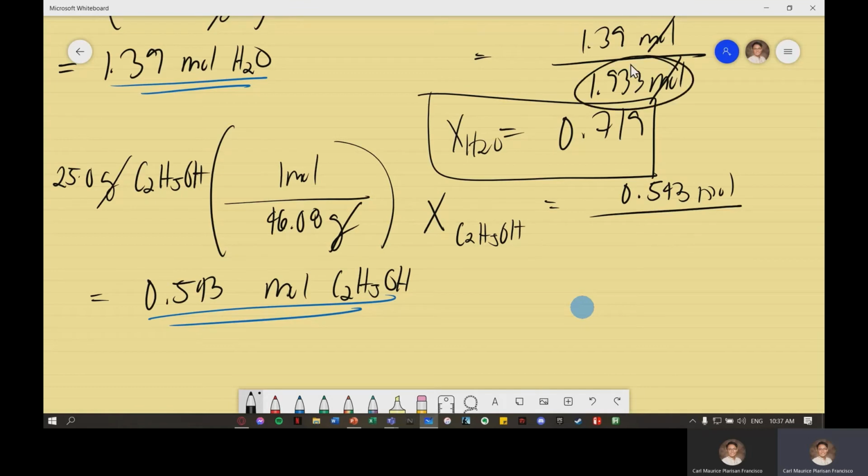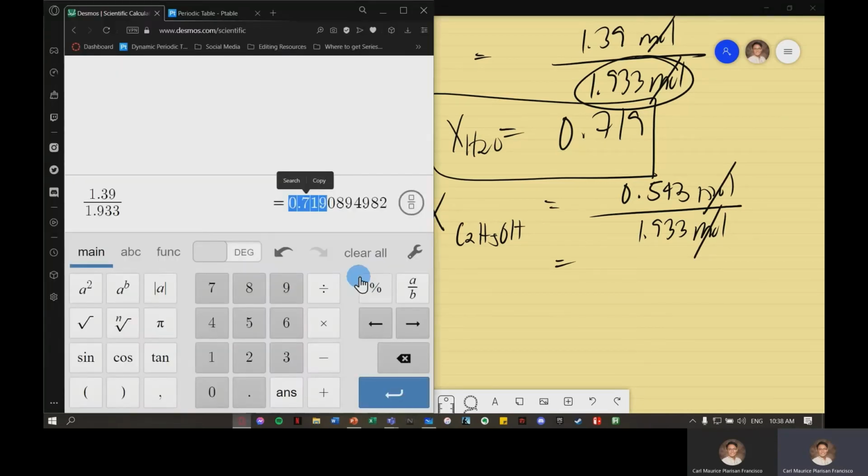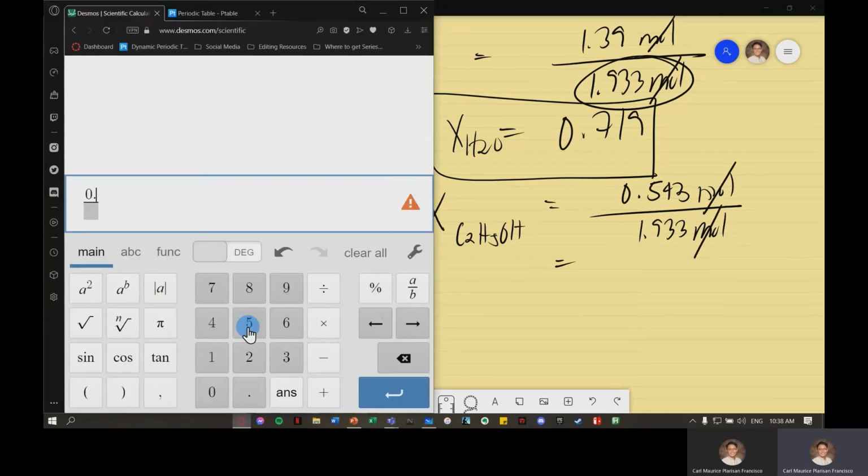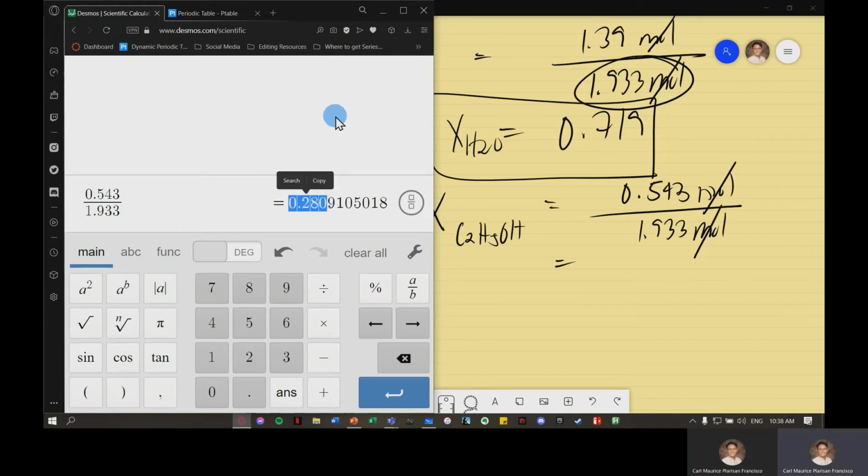Ito yung summation, 1.933 mole. Summation po yan ng 1.39 moles water at 0.543. So mole will be cancelled. No unit for mole fraction. 0.543 over 1.933 is 0.281.